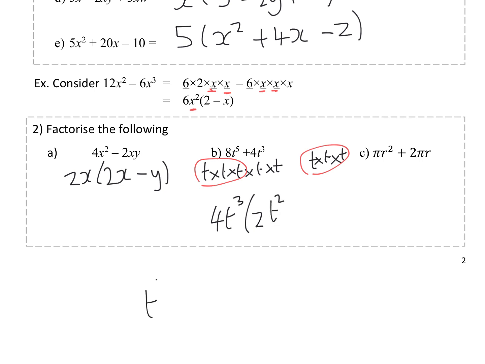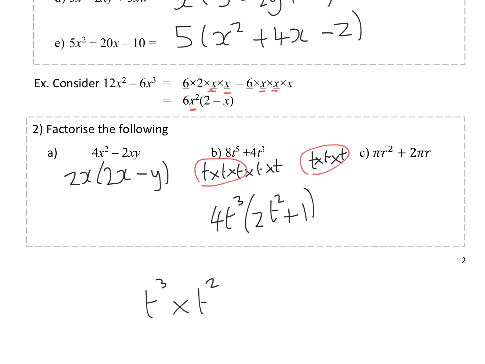Remember, if you have t cubed times t squared, if we think of our rules for indices, if the bases are the same when you're multiplying, you can add the powers. So t cubed times t to the 2 gives you t to the 5. And then we've already got 4t cubed, we just need to multiply that by 1 to keep 4t cubed.